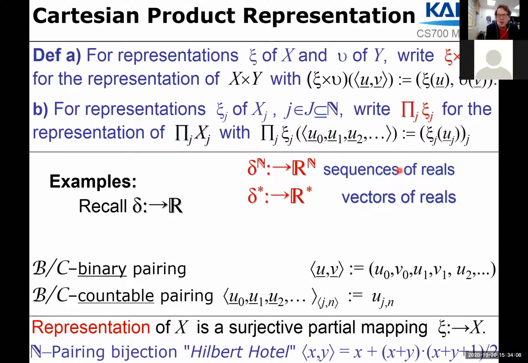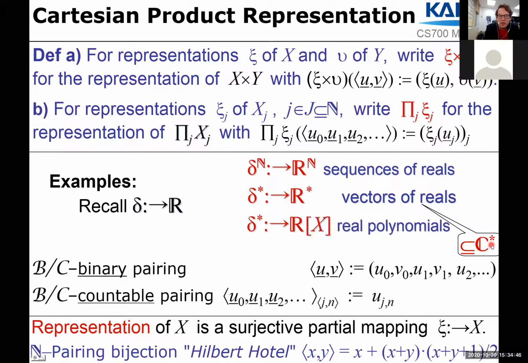Similarly, when considering only finite Cartesian products, we arrive at a natural representation for the set of vectors of real numbers of arbitrary but finite dimension. So now we can reconsider computability of finite tuples of real numbers, and that includes computability over complex numbers and finite tuples of complex numbers, simply by pairing two real numbers as real part and imaginary part of the complex number under consideration.